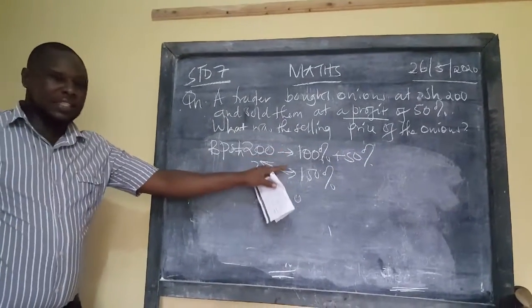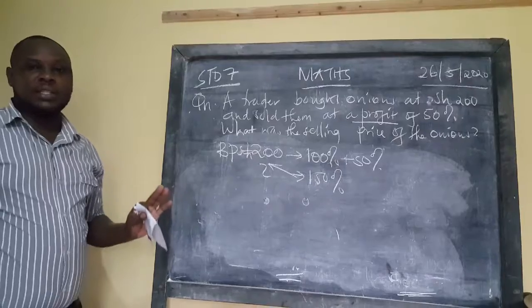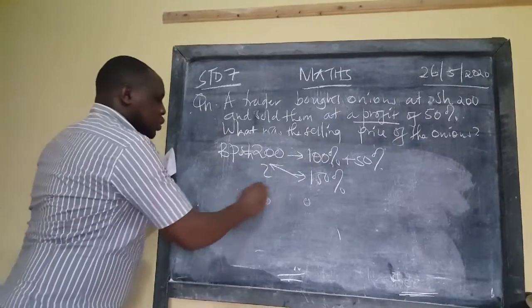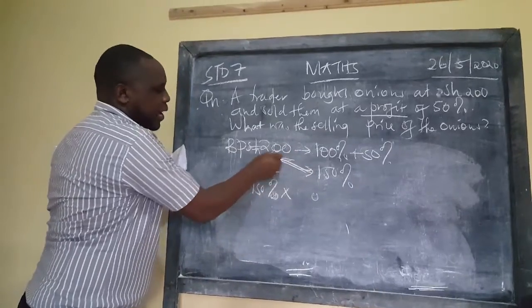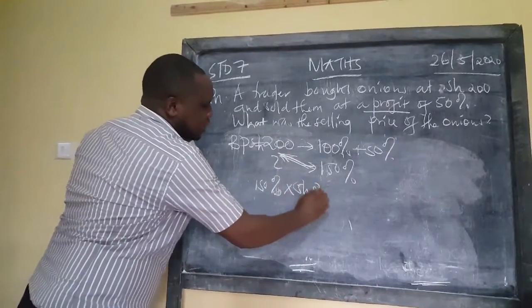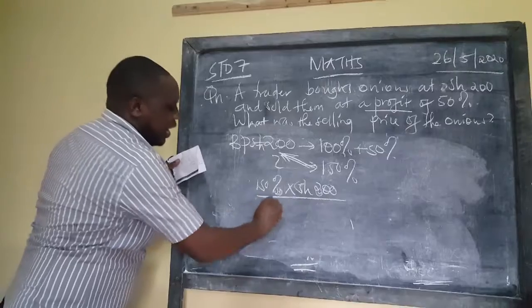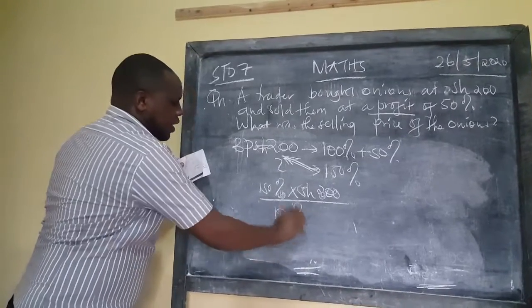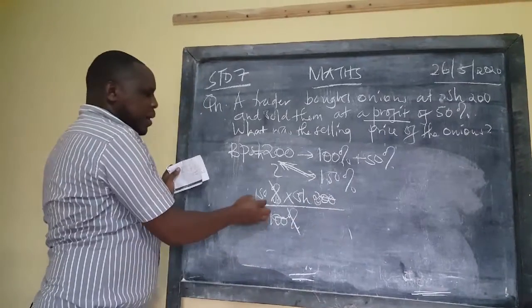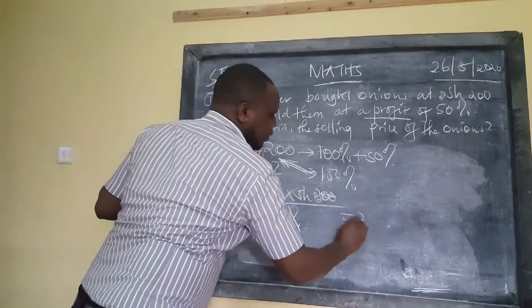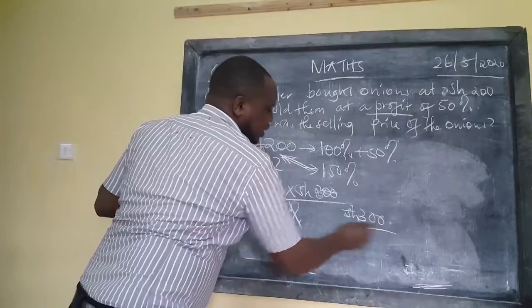Learner, if you calculate this, you will get the selling price without much sweating. So this is 150% times 200 shillings all over 100%. The two zeros will cancel, and you remain with 150 times 2. That will give 300 shillings.